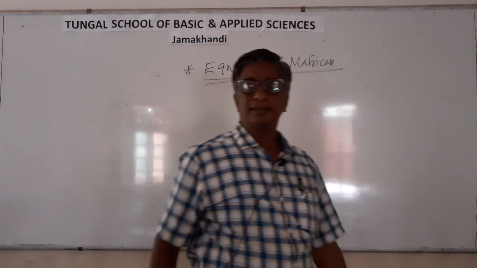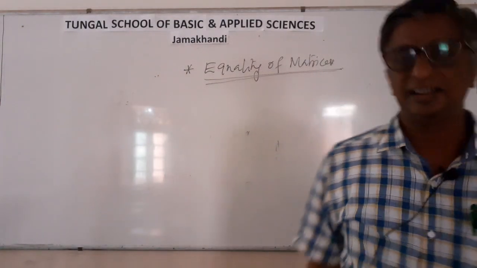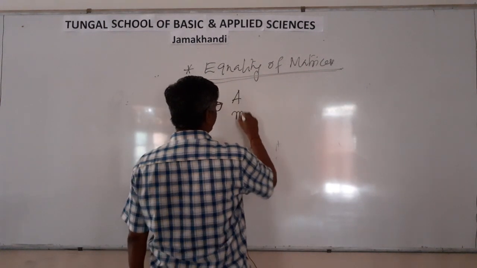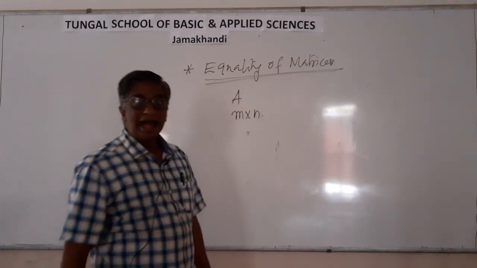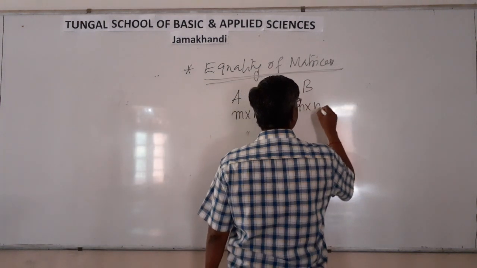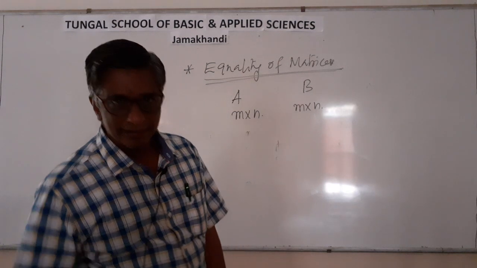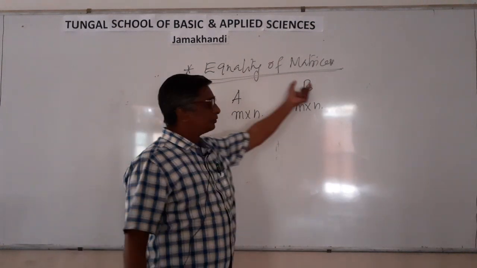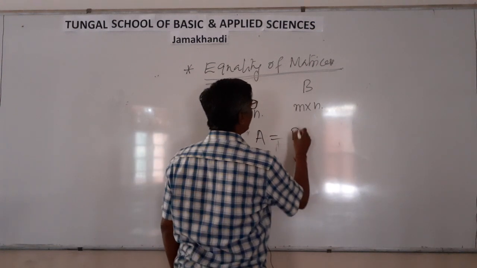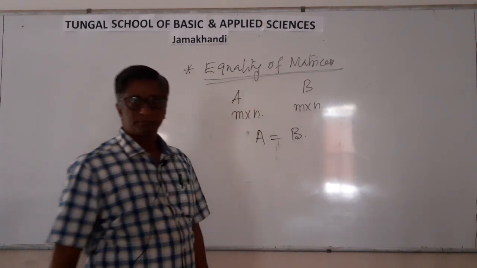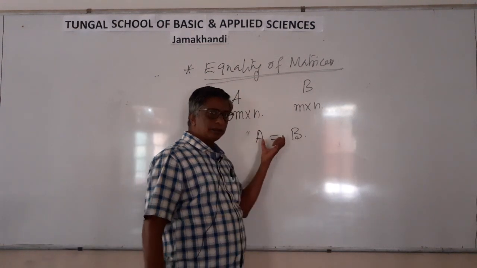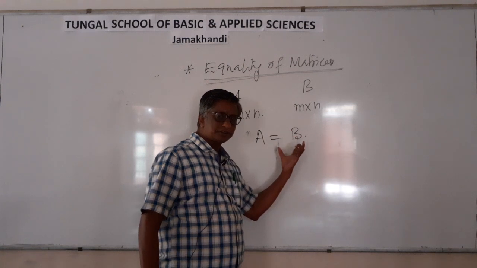Equality means if A and B are two matrices of order m into n, A and B, it is also m into n, then these two matrices are said to be equal, A equal to B. A equal to B means what?